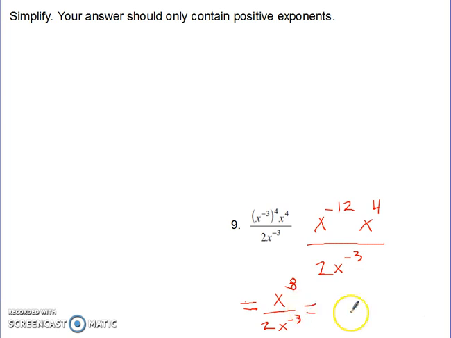So at this point, I see that I have a numerator and denominator with the same base. I'm going to pull the negative 8 down below and subtract it from the minus 3 because I see that I'm going to get a minus 8, and that's going to result in a positive exponent in our denominator.